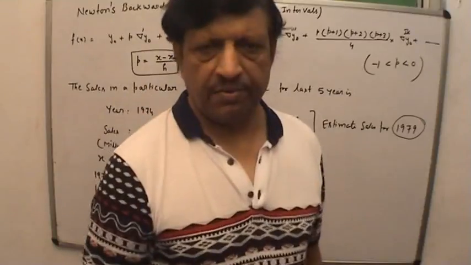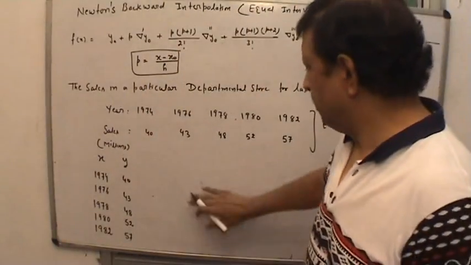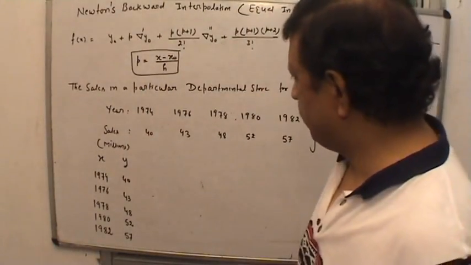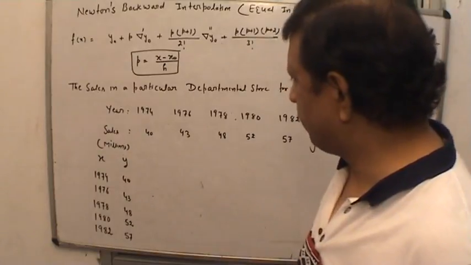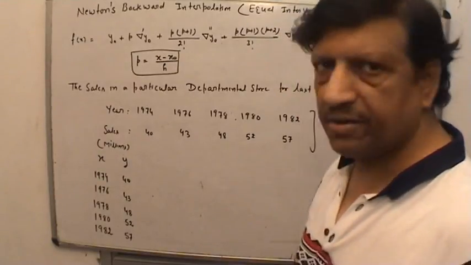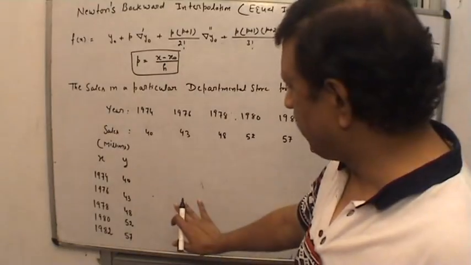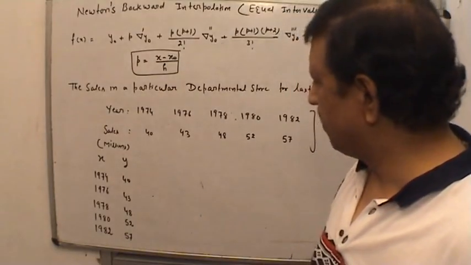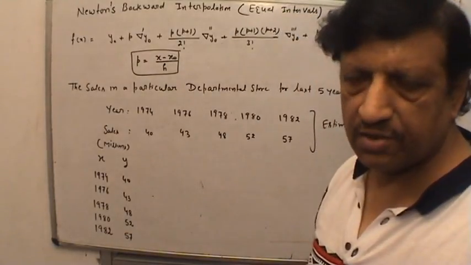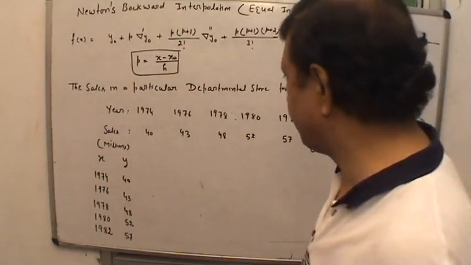As I explained previously, the construction of the interpolating difference table is the same as it was in the forward method.